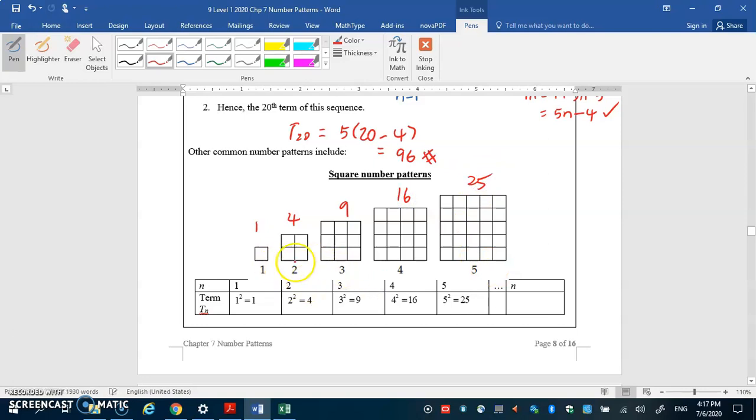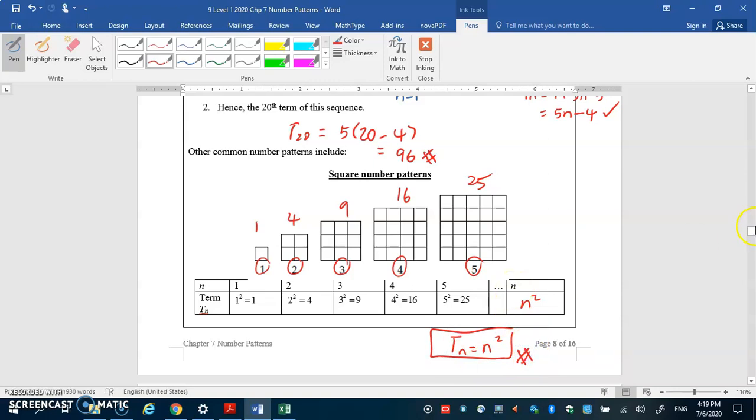Basically, look at the number of the term itself, and then look at the number of squares it has. Basically, 2 squared will give you 4, 3 squared will give you 9, 4 squared will give you 16, 5 squared will give you 25. Of course, 1 squared is 1. Okay, you are looking for the nth term, it will just be n squared. So Tn equals n squared. That's it.